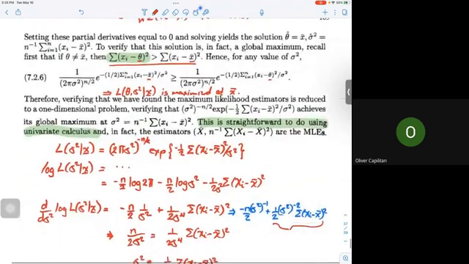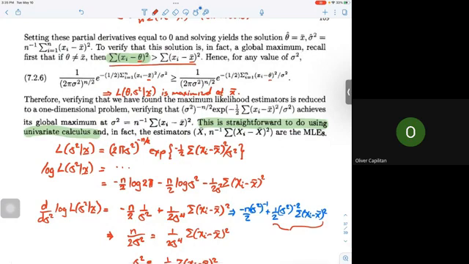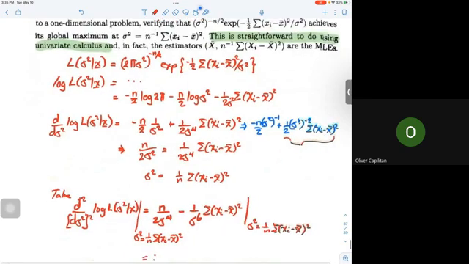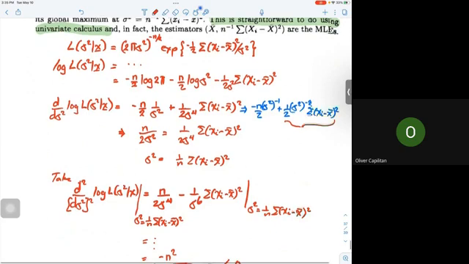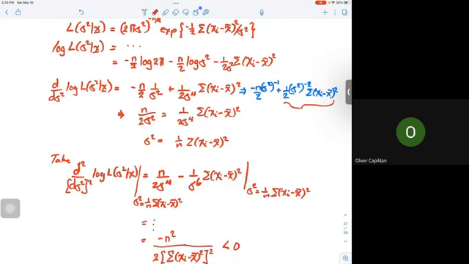Dito, sa pangalawa lang tayo nag-apply ng derivative: the derivative of the likelihood function with respect to sigma square, and then the second derivative of the log likelihood with respect to sigma square, and then we apply the second derivative test to determine that the value of our parameter sigma square would maximize our log likelihood function.